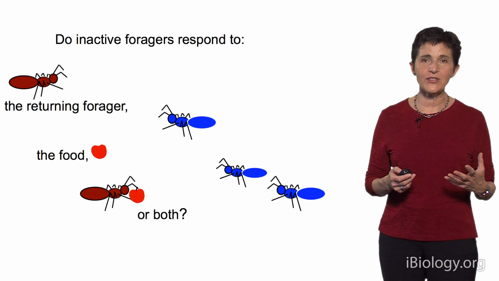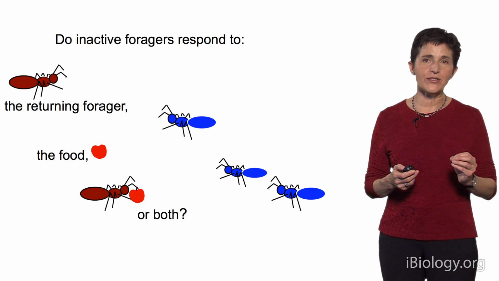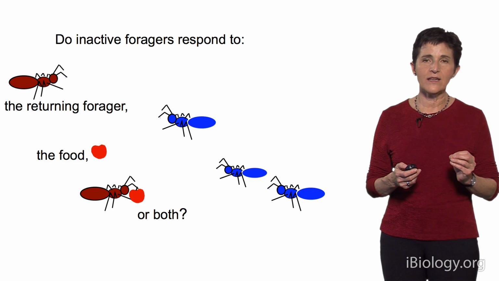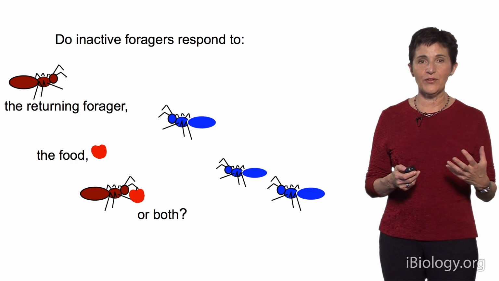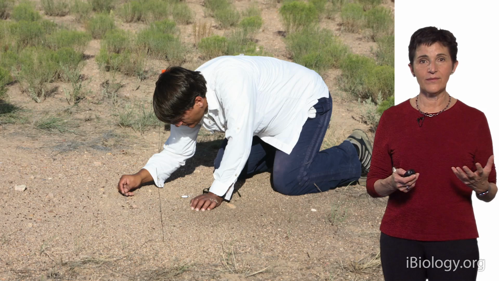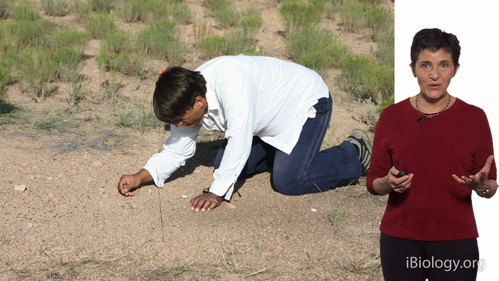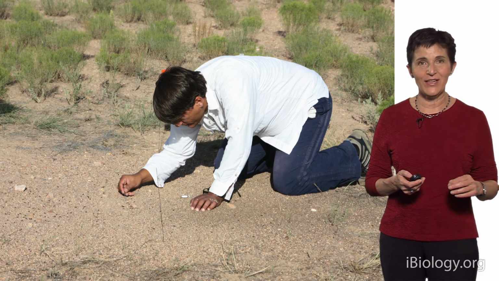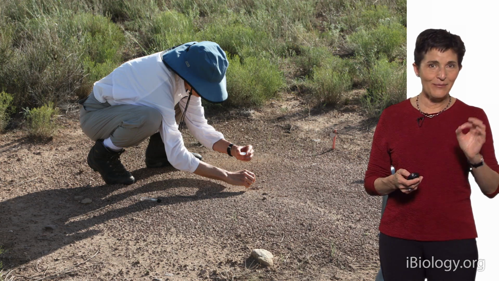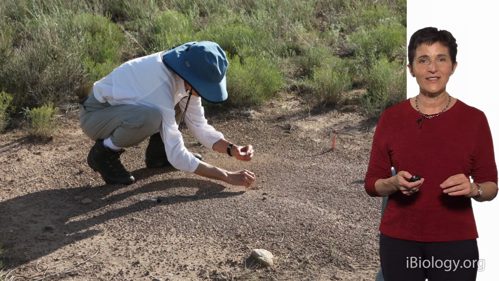So that raises the question, do the inactive foragers, the outgoing foragers inside the nest, respond to interactions with the returning forager, with the food, or both? So here we are doing what we do. Here's Mike Green putting little things down into the ant nest. And here I am putting little things down into the ant nest.